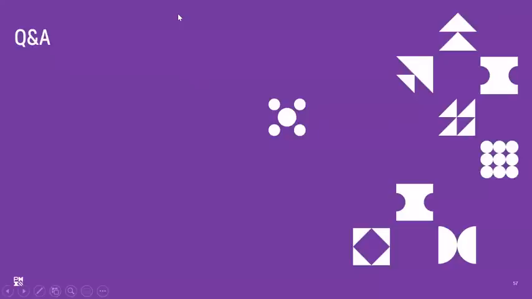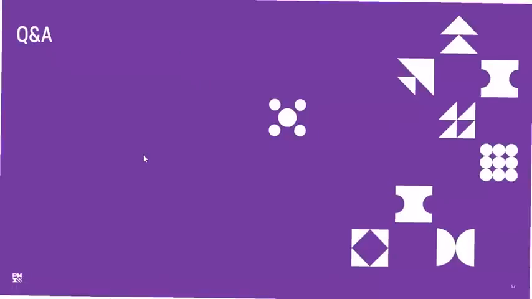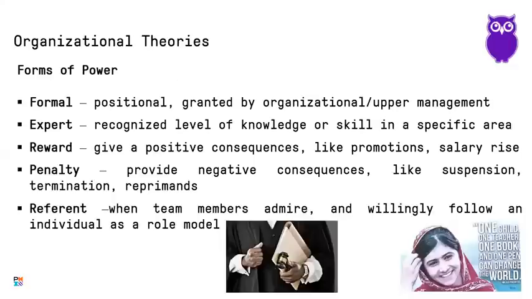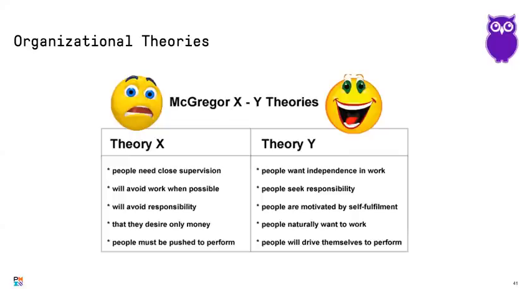A question from Sergey. On page 42, we've been talking about theory X and Y. Shall we also mention theory Z as well? Yes, theory Z is a very interesting theory, and it is a Japanese work theory, and it says that the people who start working in an organization continue working for life.